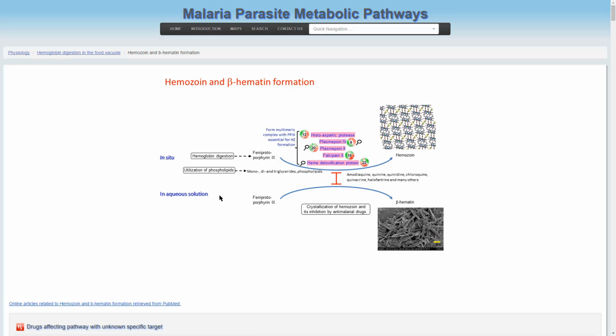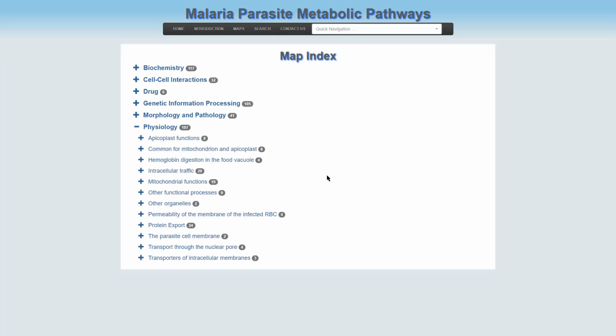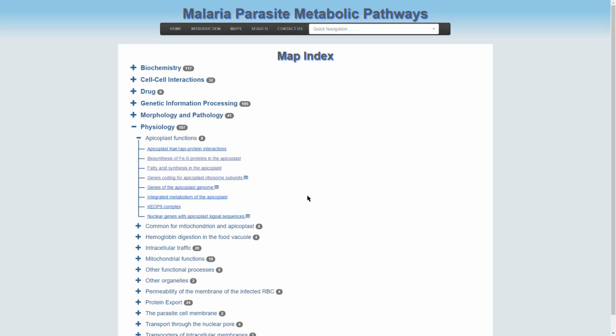In aqueous solution, we can imitate this process and eventually end up with beta-hematin crystals, which are visualized here in electron microscope. This process is inhibited by several of the well-known antimalarial drugs, as is seen here: amodiaquine, quinine, quinidine, chloroquine, and so on.